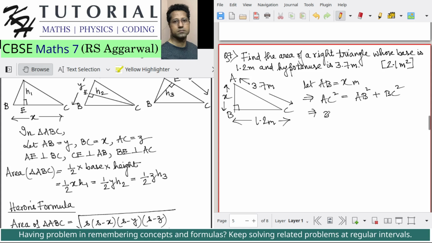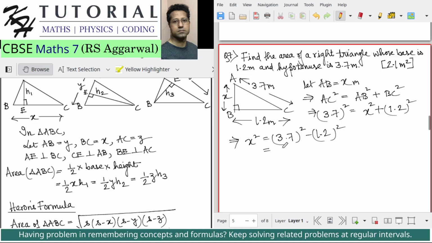So this implies 3.7 square is equal to, AB is x as per our assumption, so x square plus BC, which is 1.2 square. So x square is equal to 3.7 square minus 1.2 square.